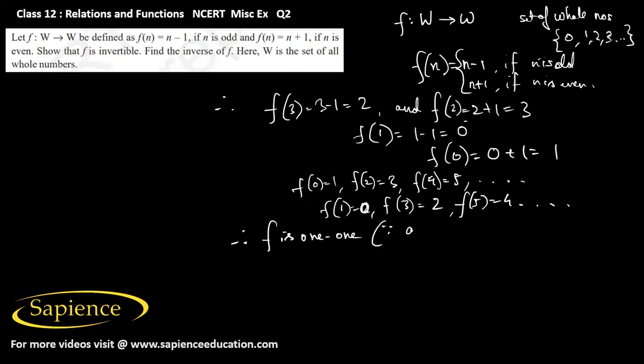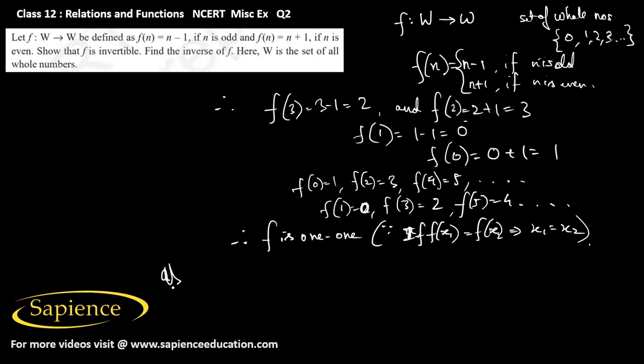Since if f of x1 equals f of x2, then this also implies that x1 equals x2. For different values of n, the value of the function f of n is also different.